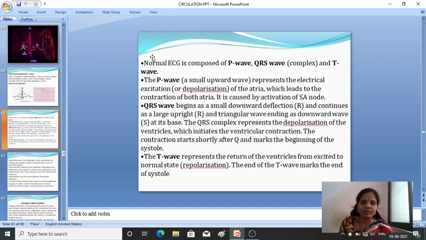The normal ECG is composed of three waves: the P wave, the QRS complex and the T wave. Q, R, S together are commonly known as the complex wave. Why it is known as complex, we will see now. The P wave is a small upward wave.